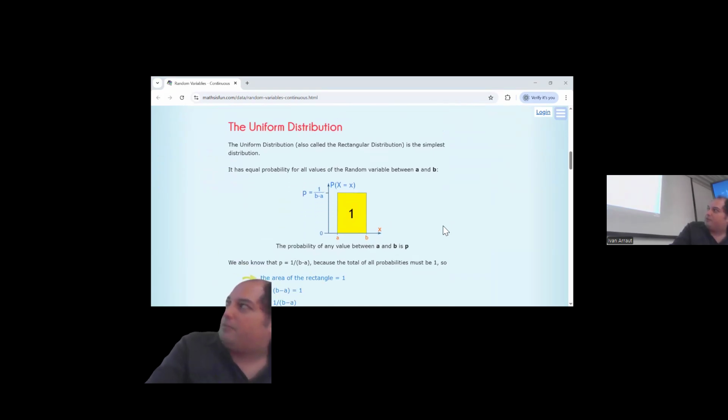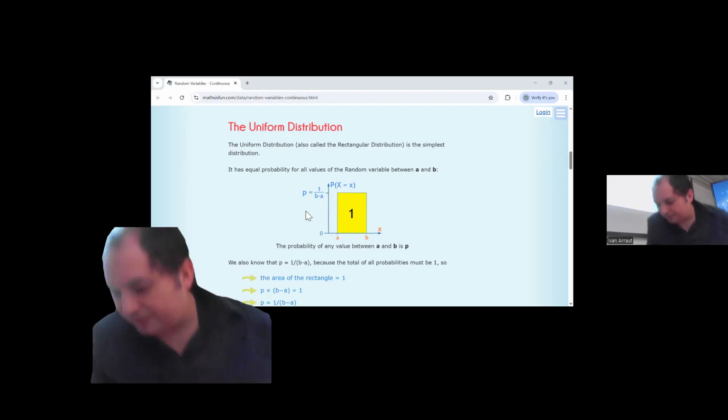This is a basic example of a continuous random variable. The probability of getting something between A and B is 1 divided by B minus A. Here, the density of probability.